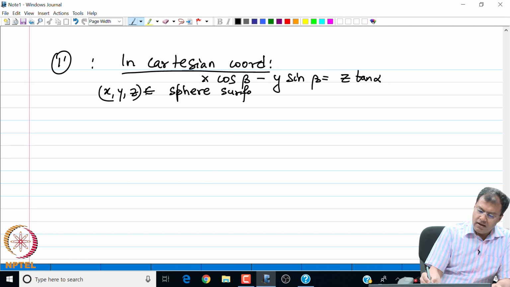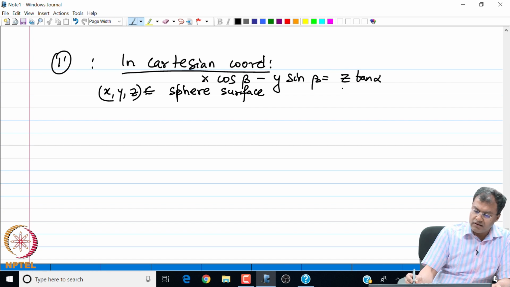Further, x, y, z satisfy this equation of a plane which passes through the origin, because x equal to 0, y equal to 0 and z equal to 0 certainly satisfies this equation.